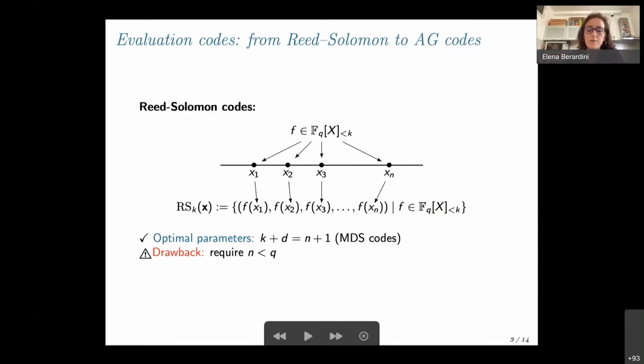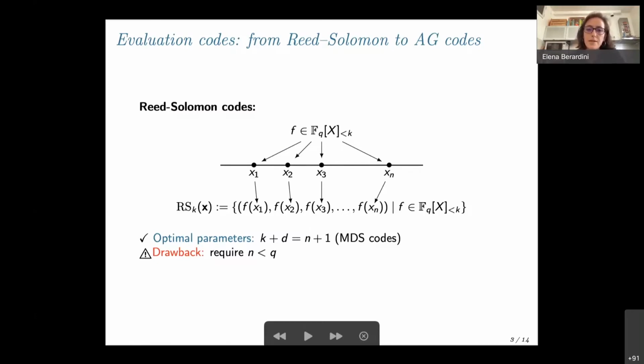Those codes are known to be optimal in the sense that their parameters reach the Singleton bound, k plus d equal to n plus 1.